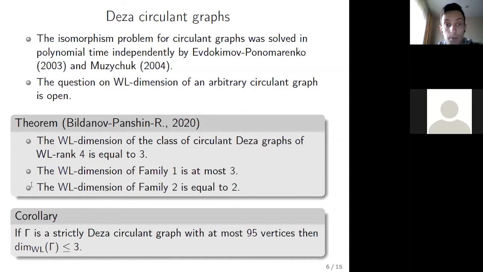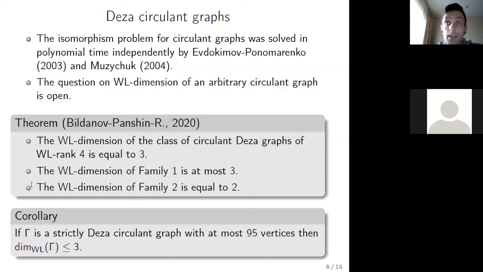The first item. The Weyl dimension of the class of circulant desired graphs of Weyl rank 4 is equal to 3. In fact, most of the graphs from this class have Weyl dimension 2. But among these graphs, there is the lexicographic product of the Paley graph and the complete graph with 2 vertices.